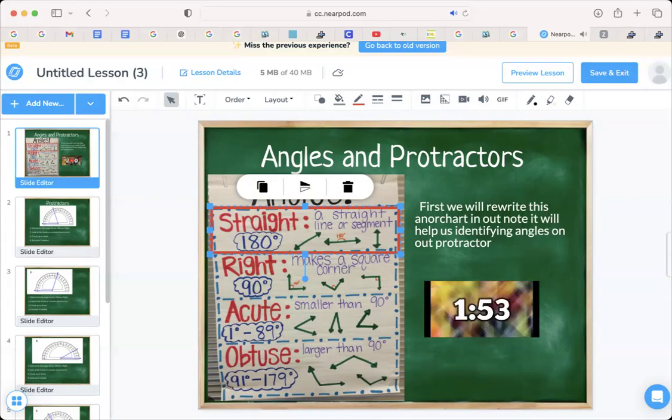Remember, Miss Bree is coming around and she's checking your work to see if you are doing it correctly. Because when I come tomorrow, I want to see your notes. These notes are very important for you to take because it's going to help us when we do our protractors.